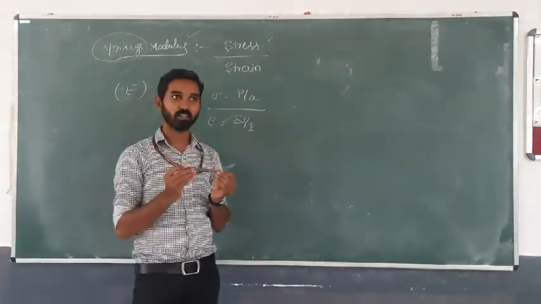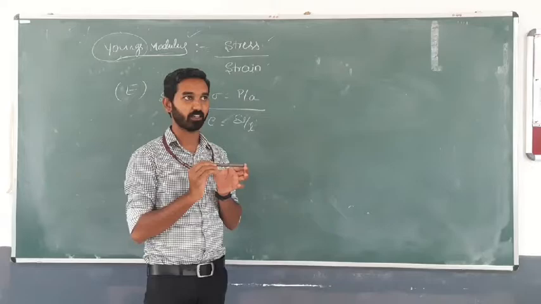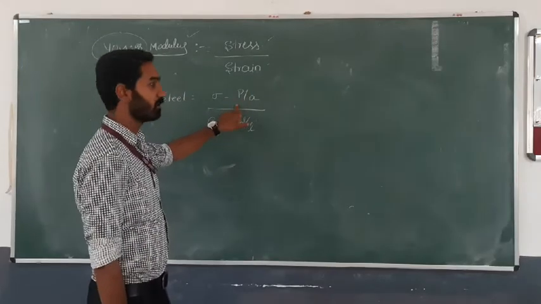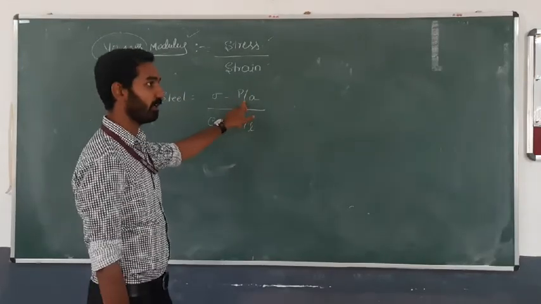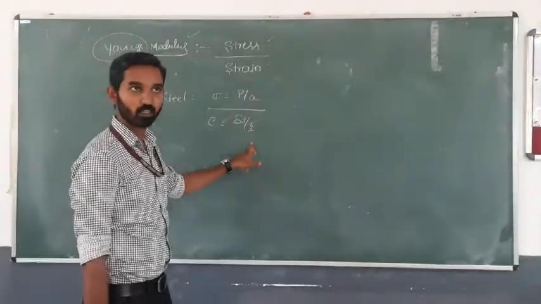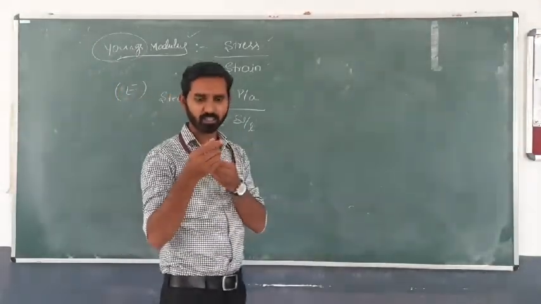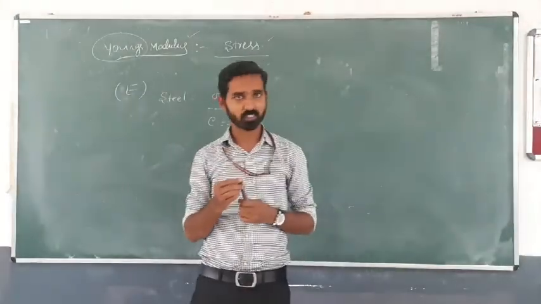While applying the load on this material, the stress will be P by A, and strain will be change in length by original length. The diameter of the material is, say, 1 centimeter.